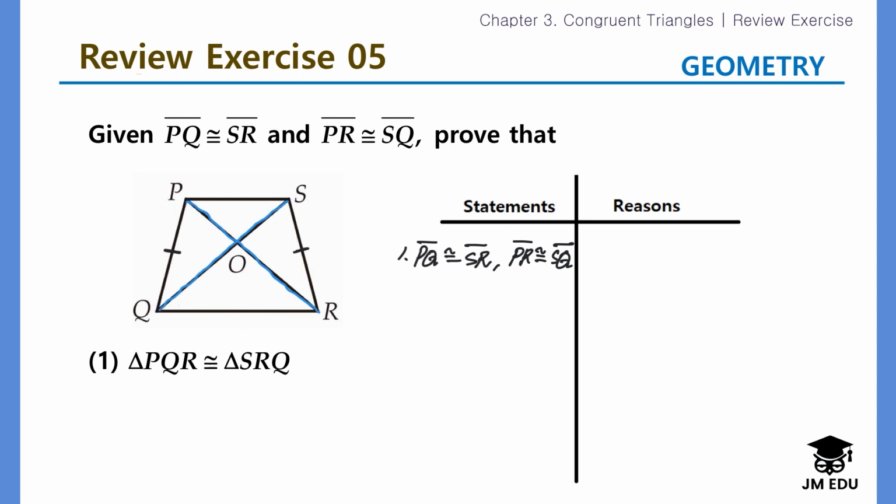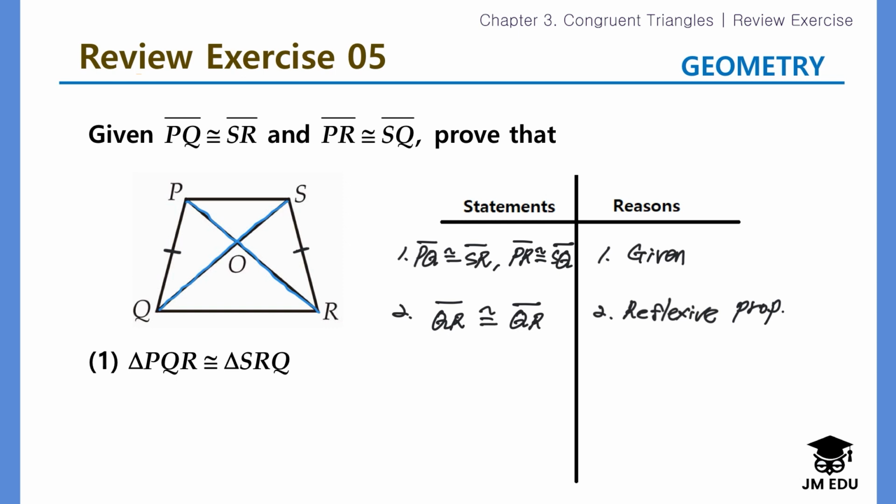So we can write number 2, side QR is congruent to QR. That's a reflexive property. Okay, number 1 was given. Number 2, reflexive property, right?